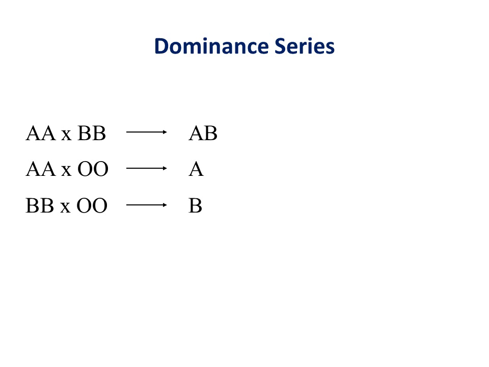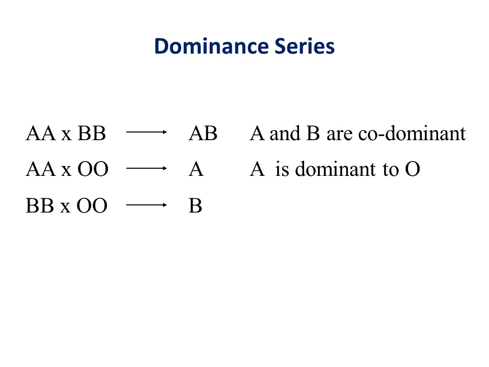So if you cross AA individual with a BB individual, you will get AB, and we know that these are codominant. You're going to be presenting both types of sugars on the proteins on the red blood cells. If you cross AA with OO, it will be an individual that is A blood type.